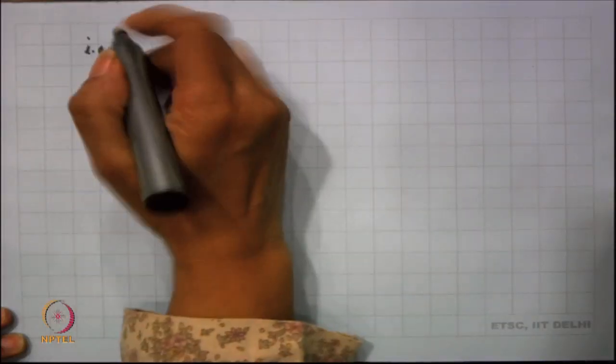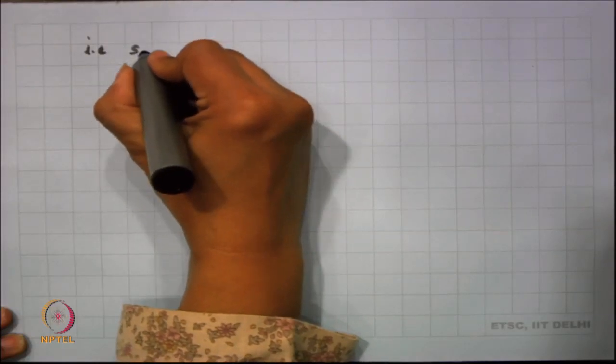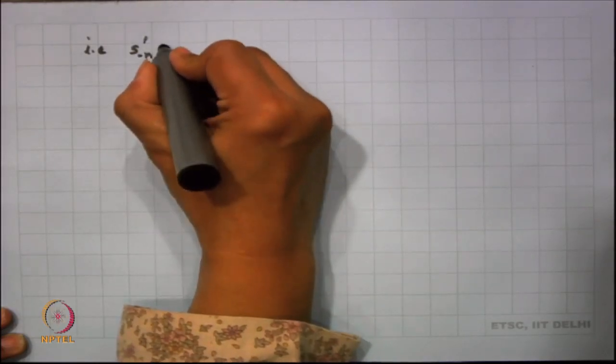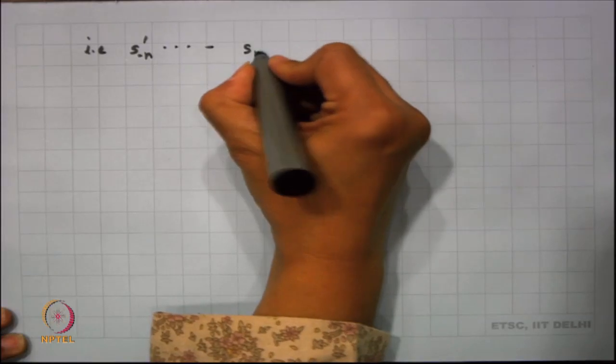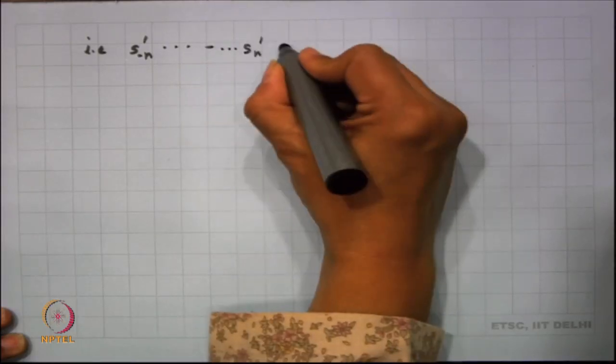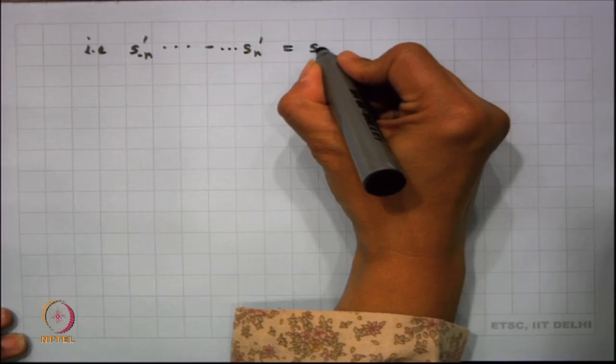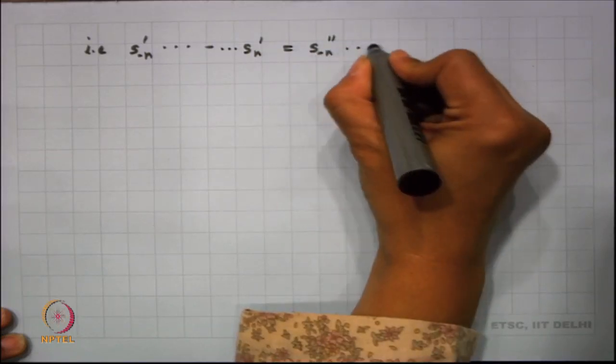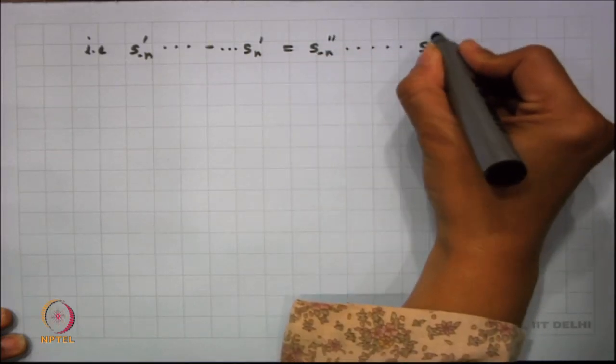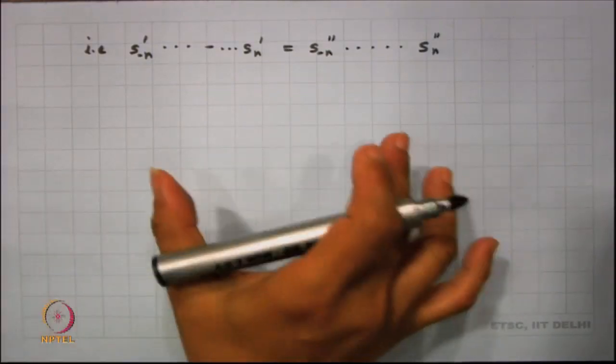So, this is saying that if I look into this middle block, S minus n prime up to S n prime, this middle block is the same as the block S minus n double prime to S n double prime. So, these two blocks are the same.